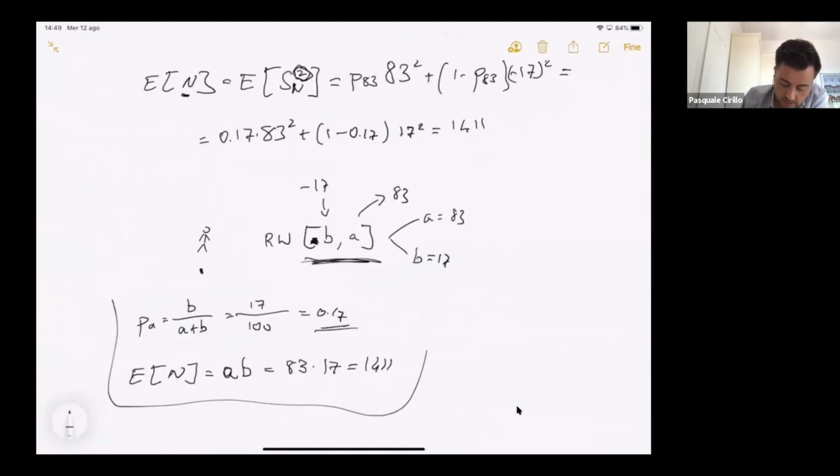If you have a problem, whatever type of problem, not just the drunk man moving, that can be restated as a symmetric random walk, and you are able to rescale everything such that the starting point is now 0, and you are asked for the probability that you reach one of the two boundaries, or the expected number of trials, of time instants, of steps that you need in order to reach one of the two boundaries, then you have a general solution.